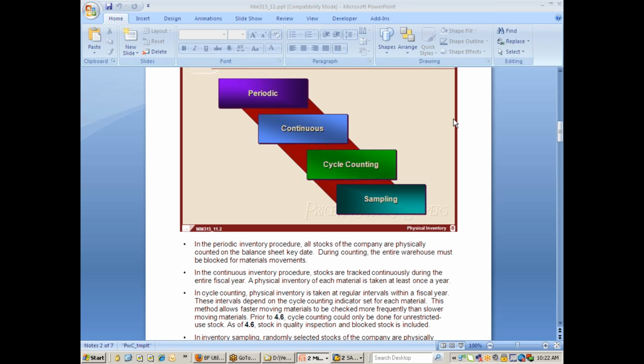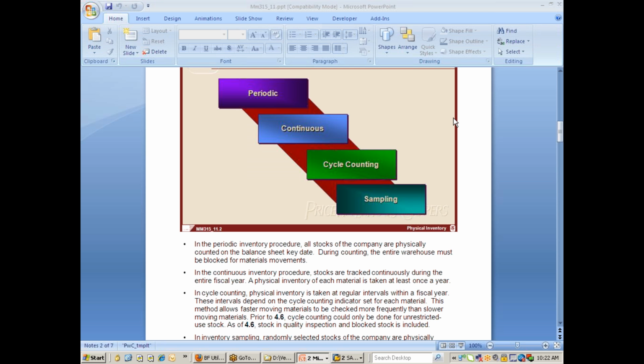Therefore, fast moving goods need to be counted more number of times than the slow moving goods. For example, for a certain material you will have an order only once in a year. What is the purpose of counting this material every quarter or every month? There is no point in doing that; you're only wasting time.